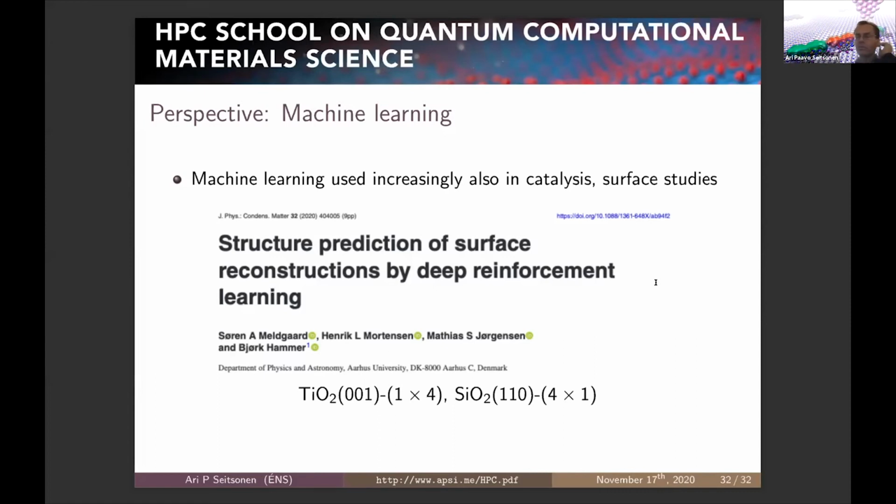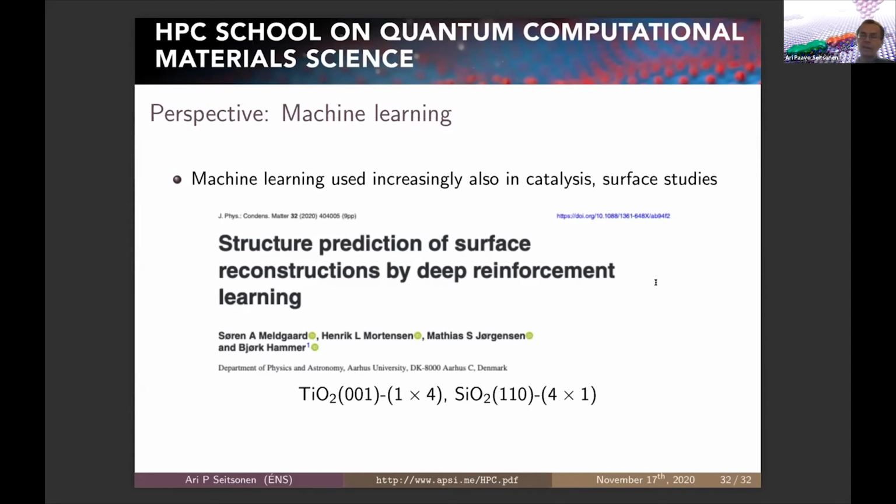But of course, we do DFT, like Marco also mentioned this morning. We can use it in principle almost in any kind of geometry. So the more different geometries we take, the better the sampling of the energy surface we get. And then, of course, at the end, one always wants to use DFT to check whether the structure given by the machine learning is stable.